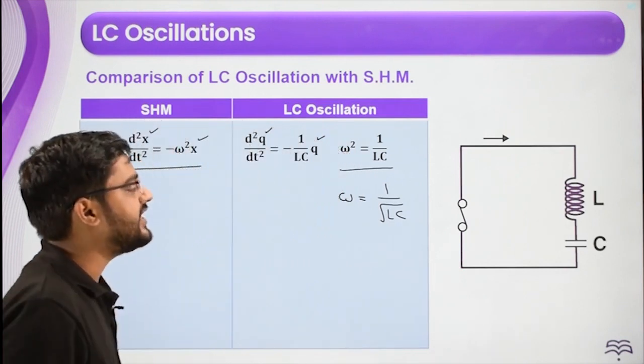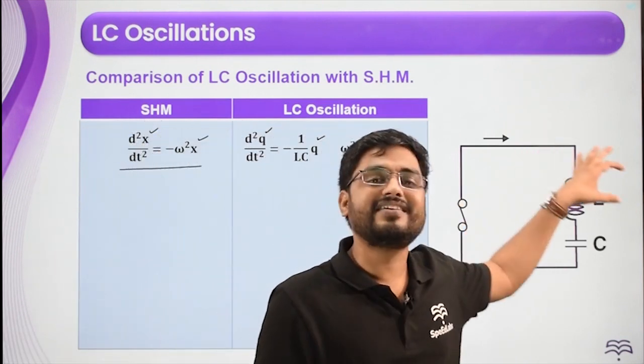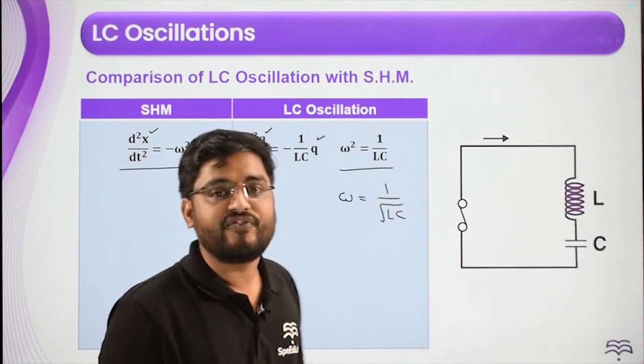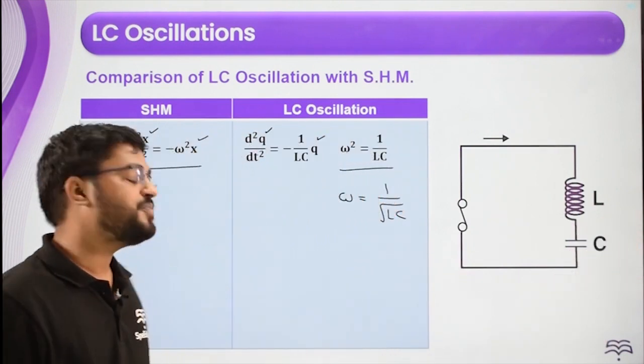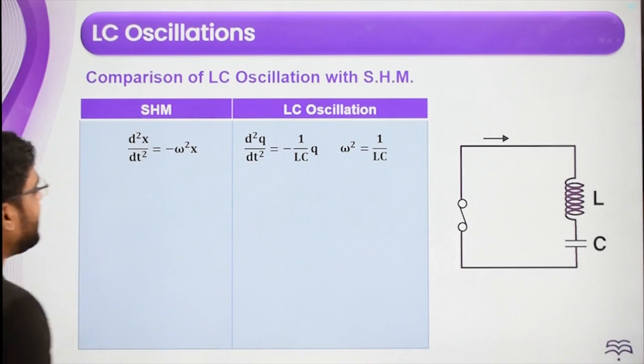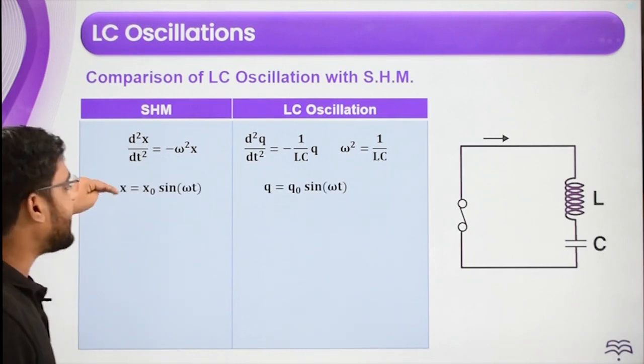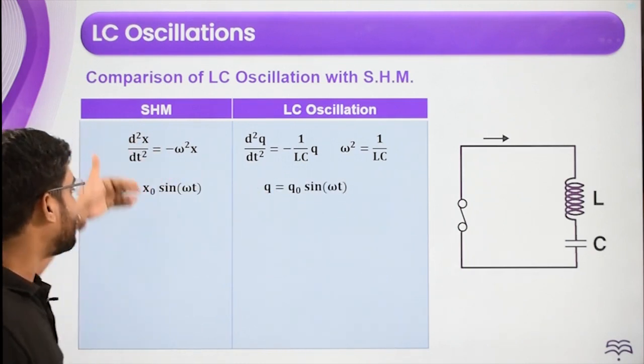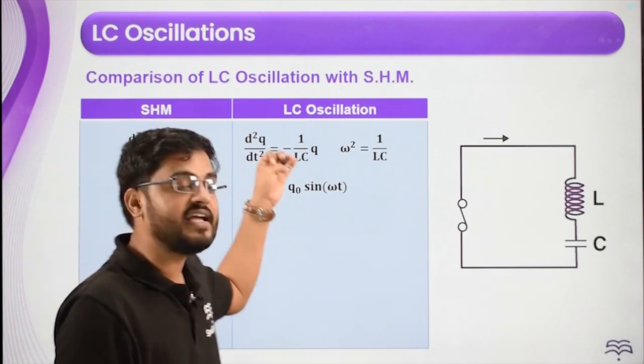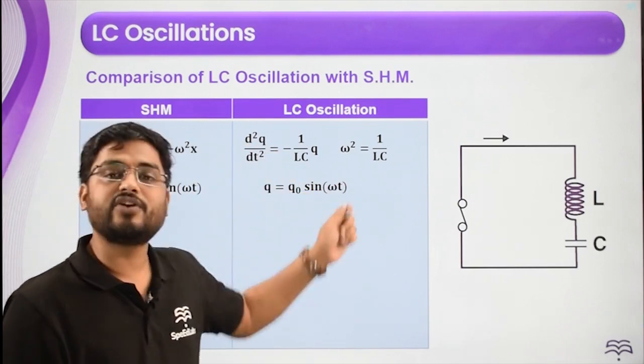So if we connect a capacitor to an inductor, then the charge performs oscillation. And when charge performs oscillation, how will the equations look? Here x is x naught sine omega t. This is the final result, right? Here we'll say that charge is q naught sine omega t.